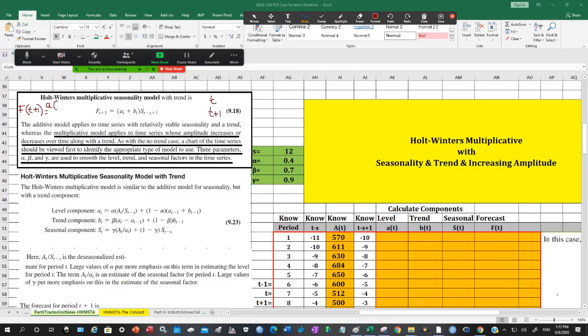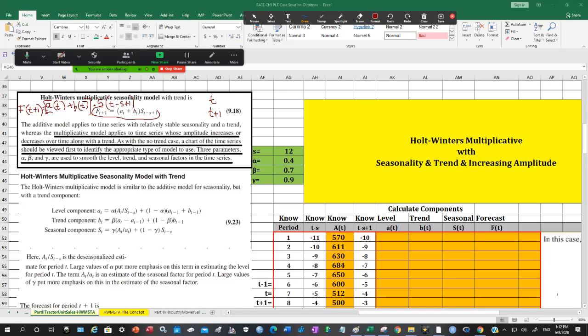So A of T, the formula is right here, plus B of T, the trend component. I add those two up, and I multiply this times the seasonal component, S of T minus S plus 1. So I can write it either this way or this way. They're exactly the same thing.